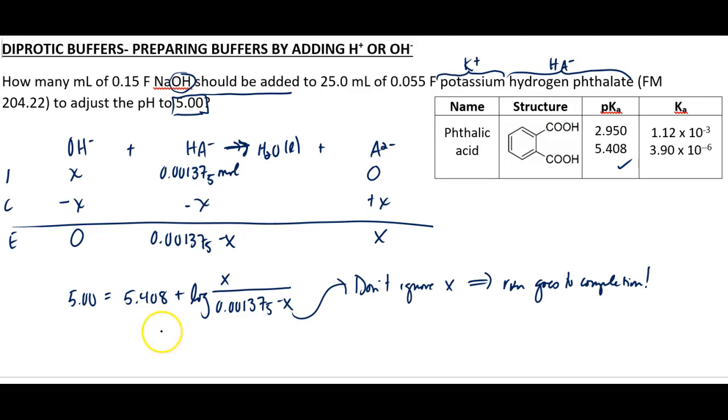So I'll go ahead and solve this equation. You may feel like you can fast forward through this part, which would be okay. Subtracting the pKa from both sides gives -0.408, and I think that's a negative. And we're going to have to take the antilog of both sides to get rid of this log.